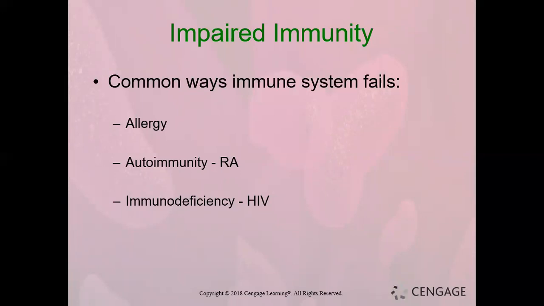And then HIV, of course, immunodeficiency. Now, there are treatments nowadays for HIV, which is amazing. 20 years ago, I would have never thought that there would be, I guess I did think that someday there would be, I didn't know if it would be within my lifetime, a cure for HIV. But I don't know so much a cure as there is a treatment where they say that people aren't contagious anymore.